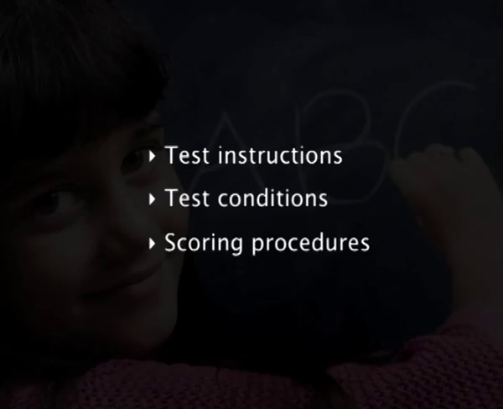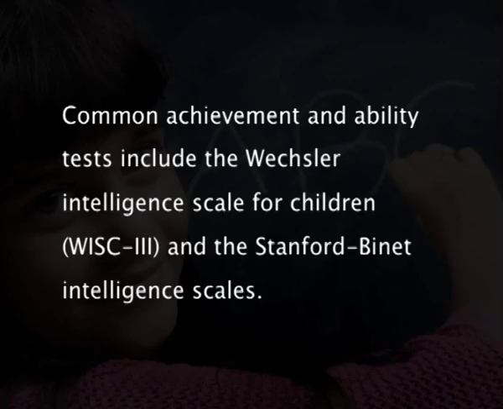Achievement and ability tests follow a uniform testing protocol or procedure, that is, test instruction, test condition and scoring procedures. And scores can be interpreted in relation to established norms. Common achievement and ability tests include the Wechsler Intelligence Scale for Children, that is WISC-3, and the Stanford-Binet Intelligence Scales.